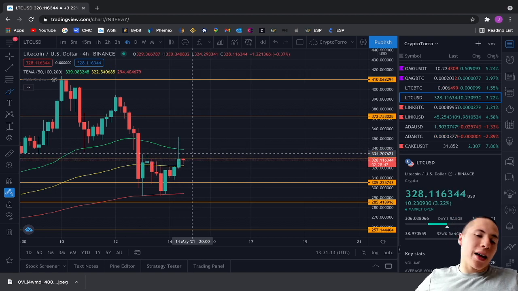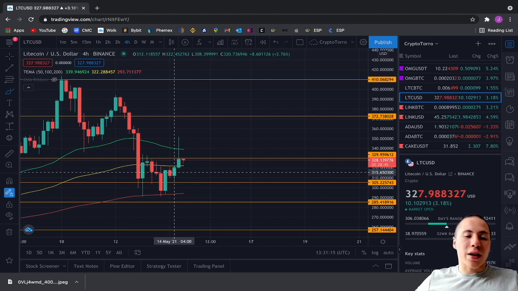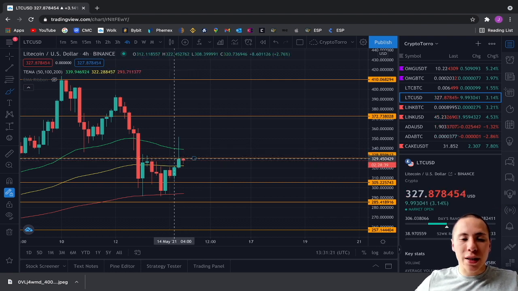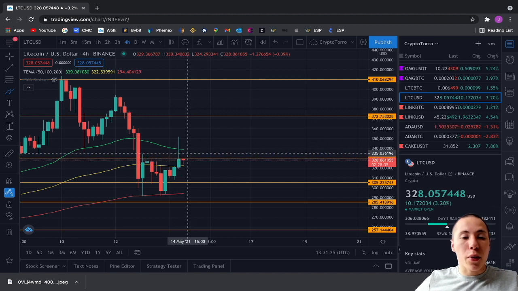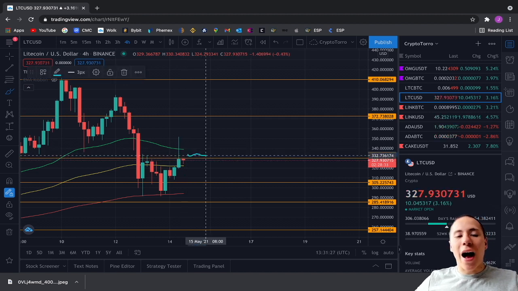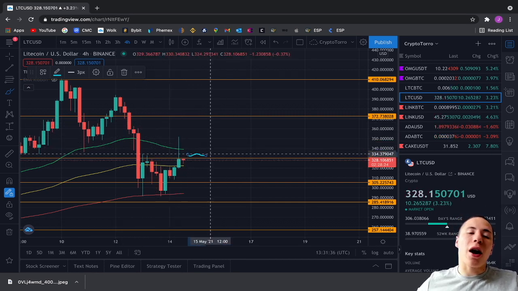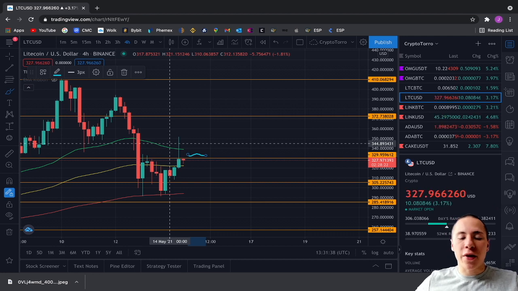And right now it is just a period of time, and we have to wait until Litecoin breaks above this current resistance at the $329 and finds support on it. And then after that we will be seeing Litecoin trading above the 50-day moving average, or right on top of the 50-day moving average.